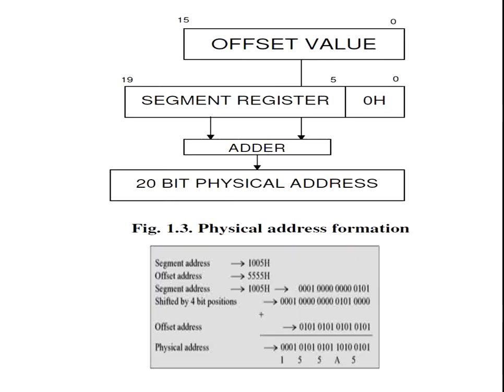So here first we are considering the content of the code segment register. The code segment register has 16 bits and that is shifted to the left by 4 positions. So we will get 20 bits that is added with the content of the instruction pointer, that is the offset address, that is 16 bits long, and added together, and this addition is happening inside the address adder that is in bus interface unit, and it will generate a 20-bit physical address.